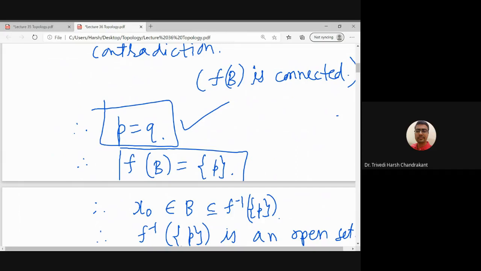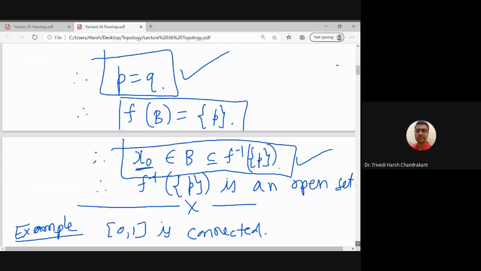So finally we get x naught, which belongs to B, which is contained in f inverse of singleton P. And x naught is an arbitrary point. So therefore f inverse P is an open set. So therefore we get a contradiction to the assumption that f is path connected.